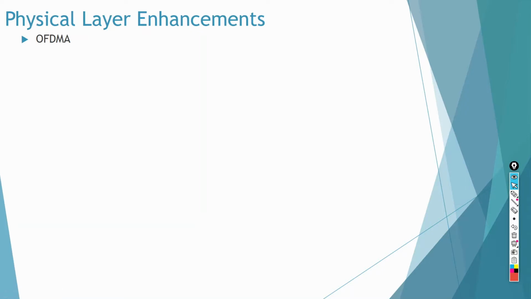Basically, OFDMA is used in the cellular world in order to multiplex multiple users in the cellular spectrum. And when I say cellular, you can think of it as LTE or 5G spectrum.